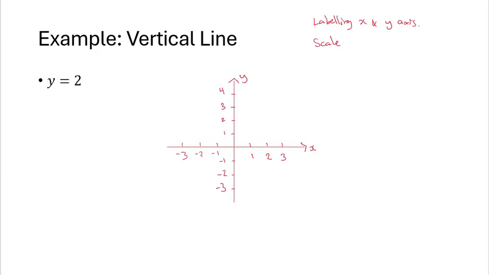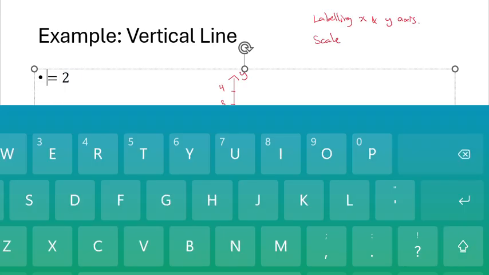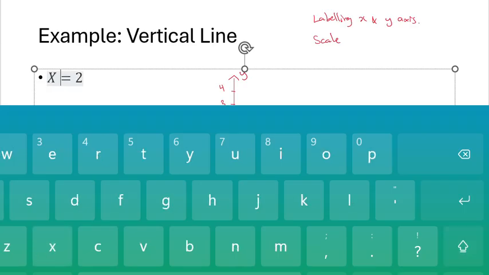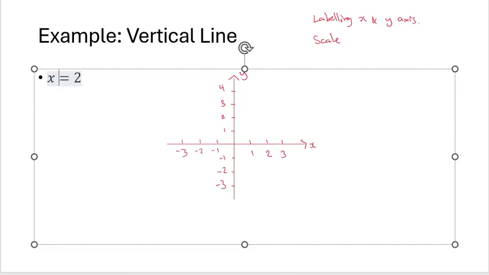Now, vertical line. Oh, that should be x equals 2. What am I doing? I just got to change this. Can I type this out? Okay, delete. Arrow to the right. X, just like that. So x equals 2.